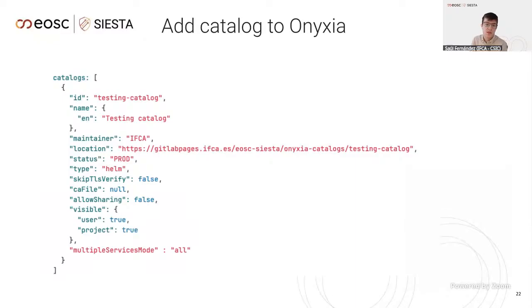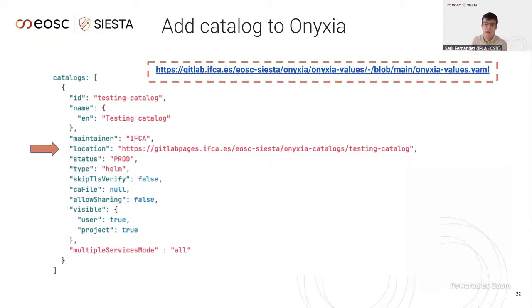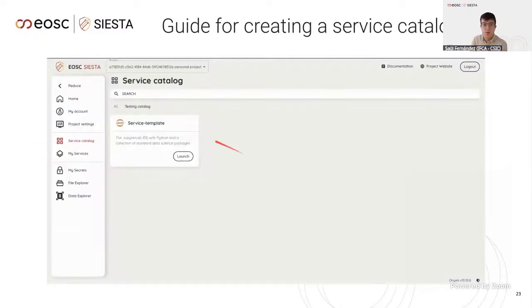With that done, it is the moment of modifying the Onyxia values file in order to add a new catalog, as I've mentioned earlier, and this catalog will be pointing to the new GitLab page of the repository we have just created. With that done, here we can see that in the Onyxia interface, now the testing catalog is listed, the catalog we have just defined.